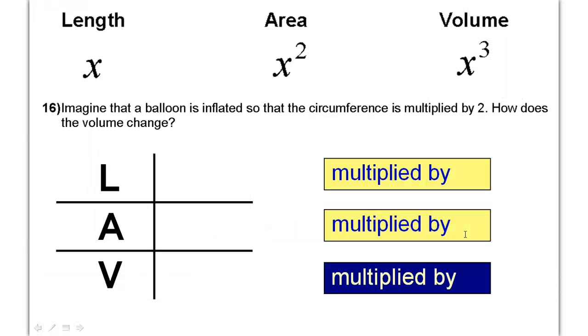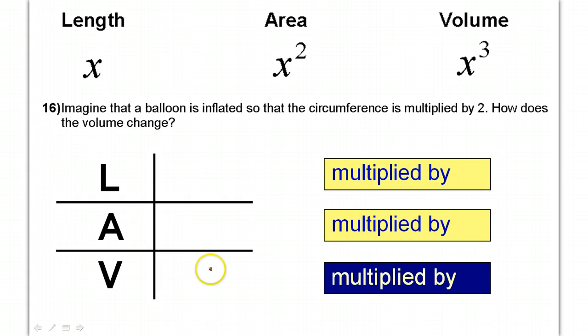All right? Looking at number 16. The balloon is inflated. The circumference is multiplied by 2. Burton, the circumference is multiplied by 2. Where does that go in the chart? Nowhere. No, it goes somewhere. Where does it go in the chart?